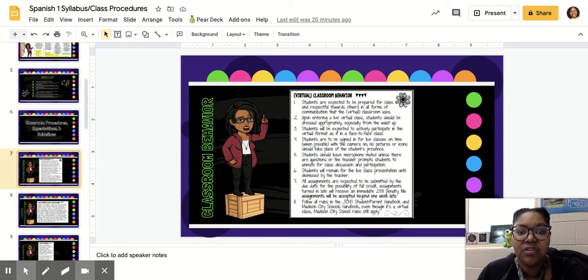4, students are to be signed in for live classes on time when possible, with the camera on. No pictures or icons should take the place of the student's presence. Number 5, students should leave the microphone muted unless there are questions or the teacher prompts students to unmute for class discussion and participation.